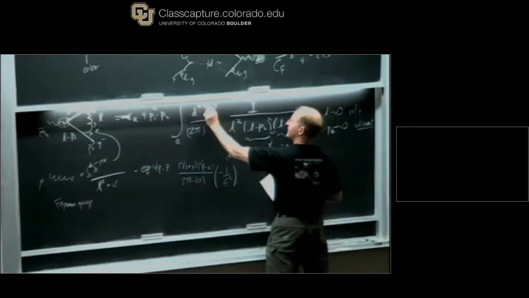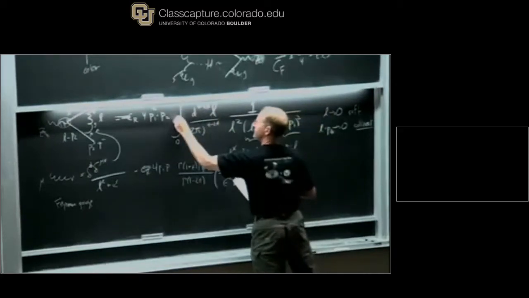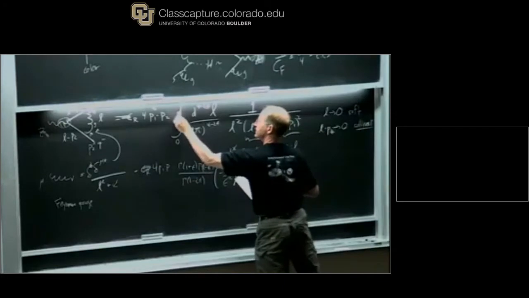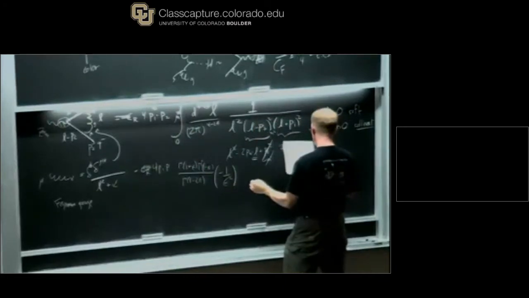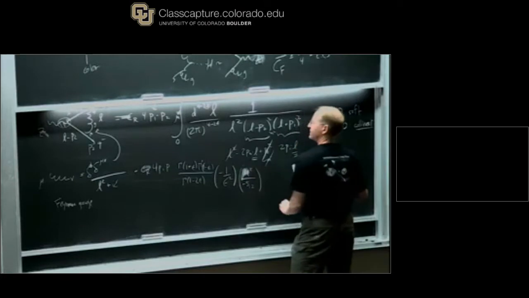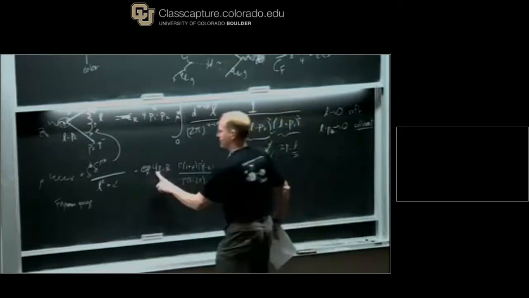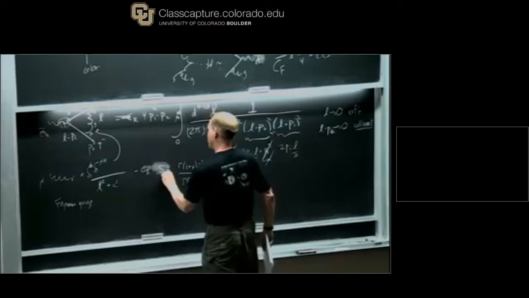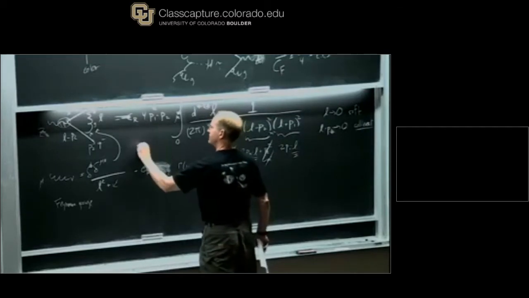And if you're careful about the measure here, you should also introduce a scale mu whenever you do dim reg, and you get a mu squared that cancels a fractional dependence on, let me just call this S12, this overall factor here.